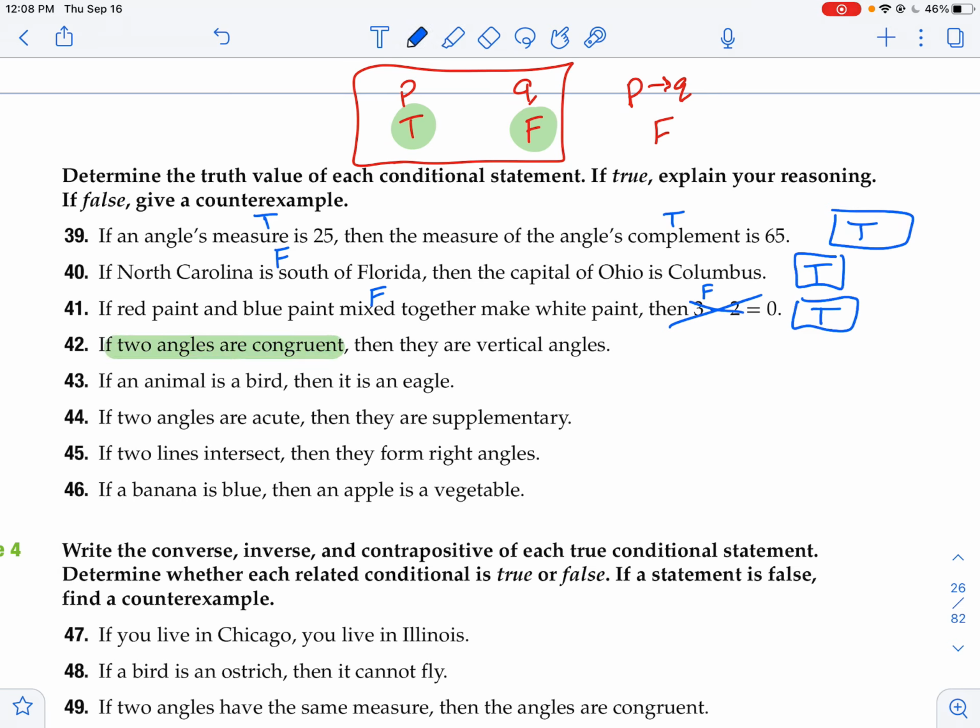I can. Then they are vertical. Not necessarily. So this is true, I can have that. But I could have two congruent 90-degree angles. So there's a counterexample. I have true, false, which means that's a false statement.